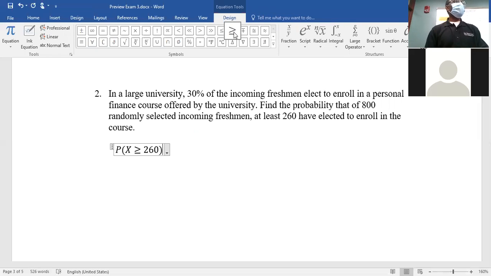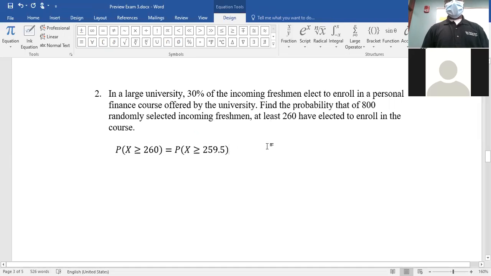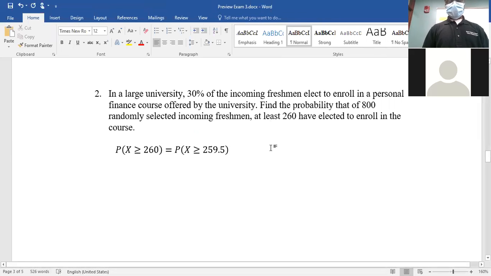You can use a binomial distribution calculator to do this, and that will be correct. But we might want to use a normal approximation. Doing the correction for continuity, should we add or subtract? X is greater than or equal to 259.5. To continue, we need to find the mean and the standard deviation.